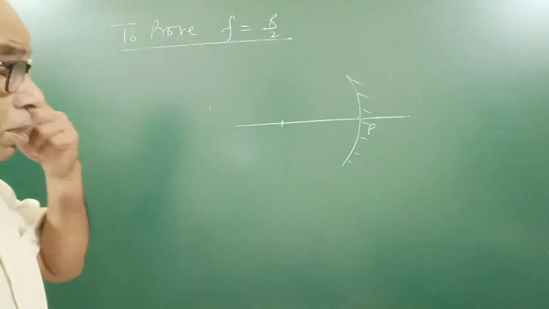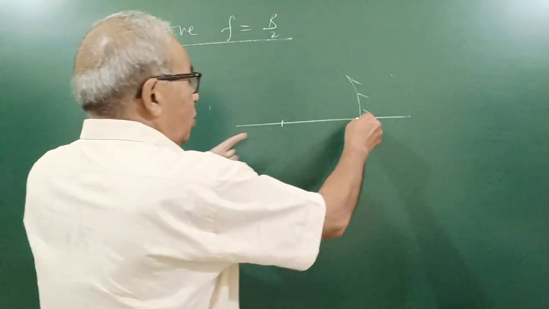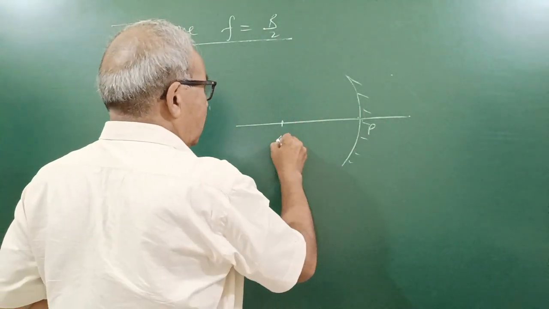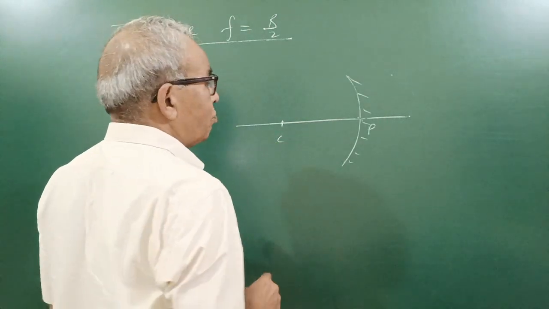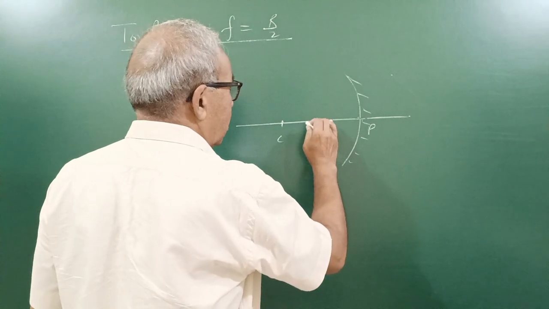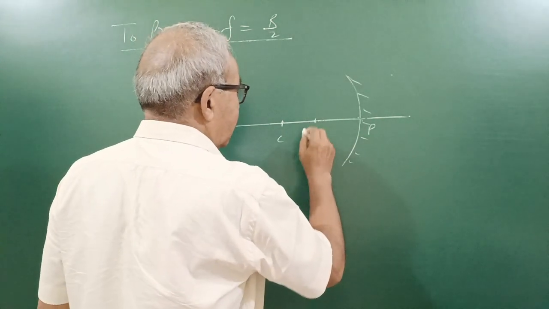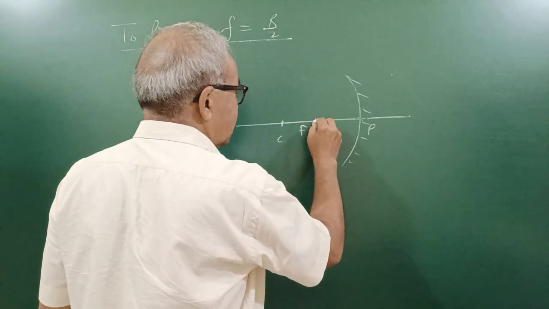Actually, don't draw this by compass. If we have taken this distance to C as 20 centimeter, then exactly at the midpoint, 10 centimeter from pole, you mark F. This is F here.